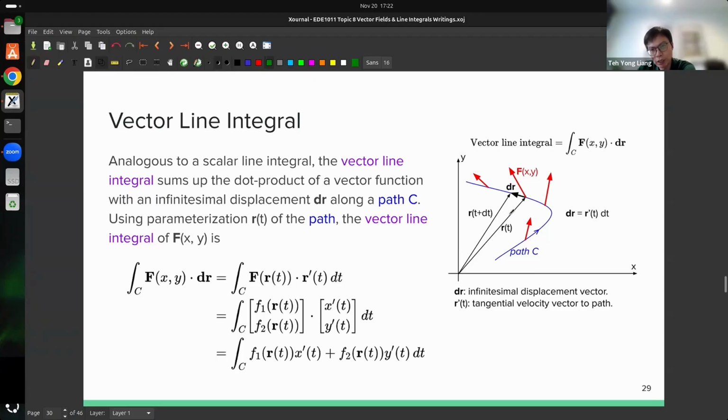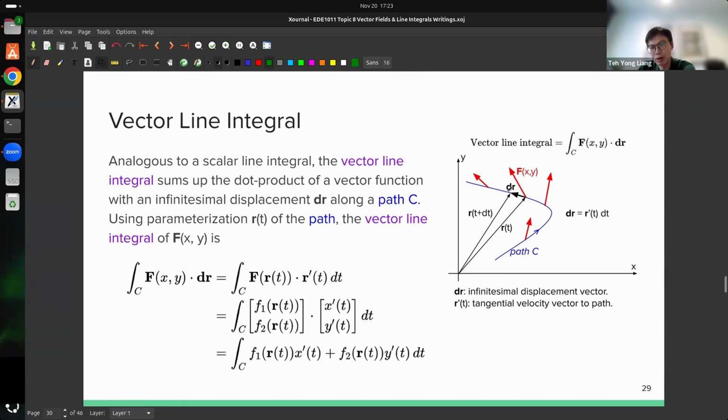So your r of t, at some t, is pointing to this point. Then dt later, it moves to the next point, at the head of the arrow. So we move from the tail of the arrow to the head of the arrow of dr.